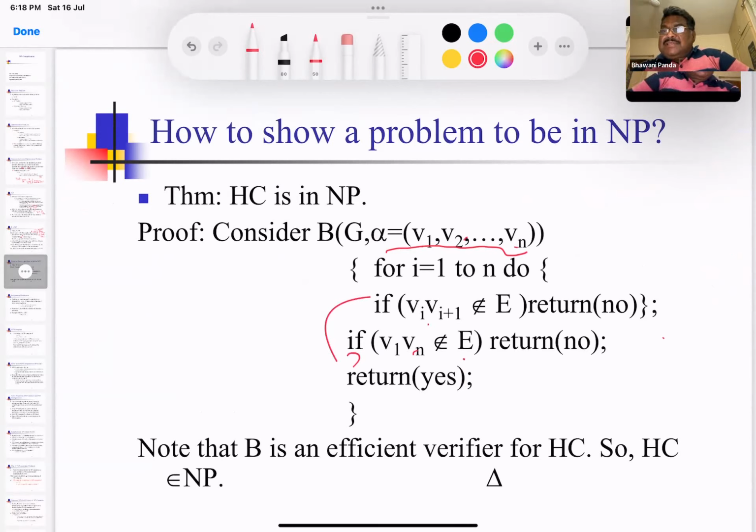If this is the case, then we can return yes. If the graph is Hamiltonian, there will definitely exist such a permutation. If the graph is not Hamiltonian, we are not bothered about that. If the graph is Hamiltonian, then you should be able to get a certificate. And using this, we will be able to verify in polynomial time that this is a yes instance, that means it is a Hamiltonian graph. So showing a problem is in NP is generally easy.